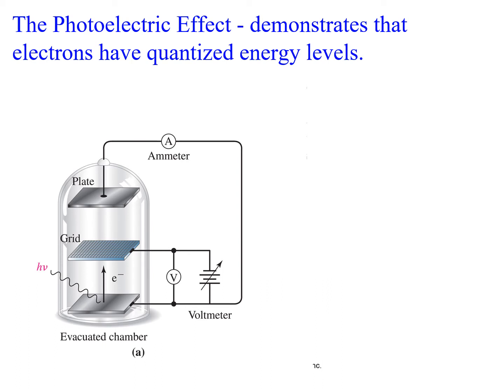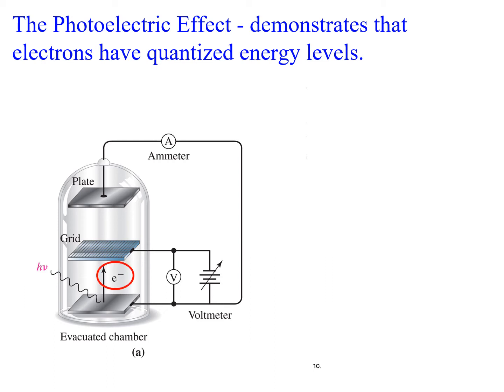And so looking at the photoelectric effect that we described earlier, it demonstrates that electrons have quantized energy levels. So here's our incident light, h nu, and it strikes a metal surface in an evacuated chamber. When the electron is emitted, it goes through a grid, and it creates a current.